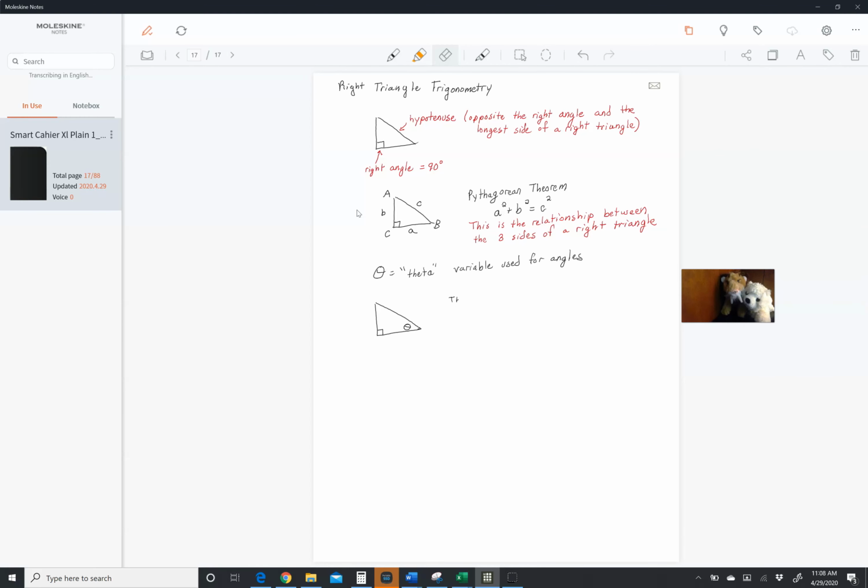So the three sides can be labeled as opposite, adjacent, and hypotenuse.